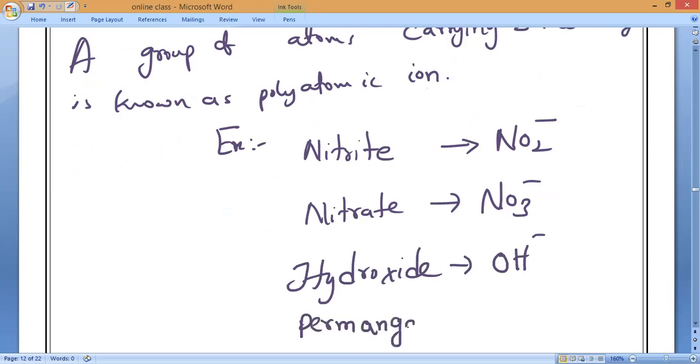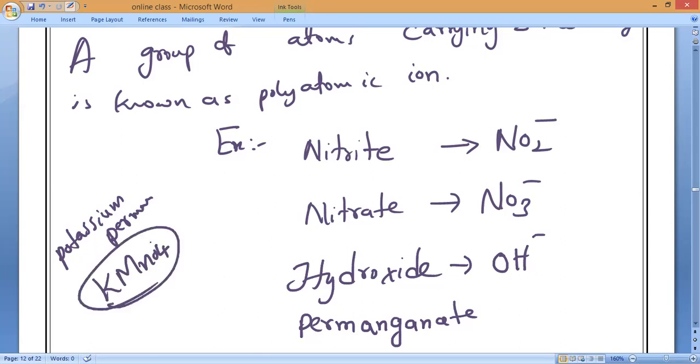Potassium permanganate. Remember what we studied in the first chapter of chemistry. Can anybody tell me the potassium permanganate formula? KMnO4. Understanding? So permanganate means what will come? MnO4 minus. That is what it means.